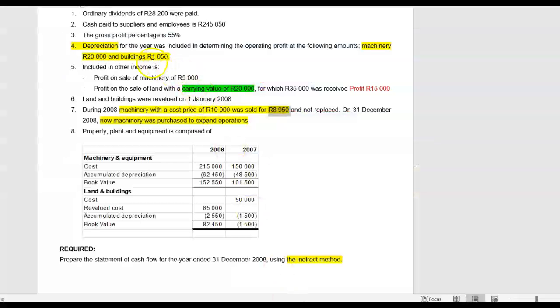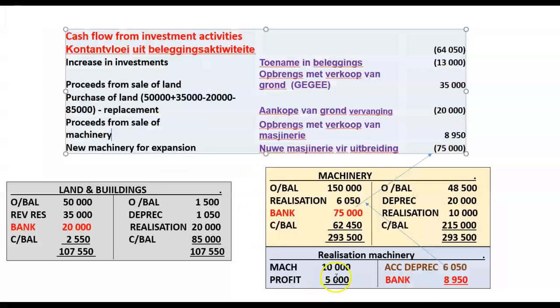They also tell us that there was a profit on the sale of the machine of 5,000 Rand. So therefore we can account for that, a profit on the sale of 5,000 Rand. So what is now our balancing figure in the asset disposal account? Our accumulated depreciation on the asset that was sold. So once we have that figure, we can now actually put that in our combined account, 6,050.